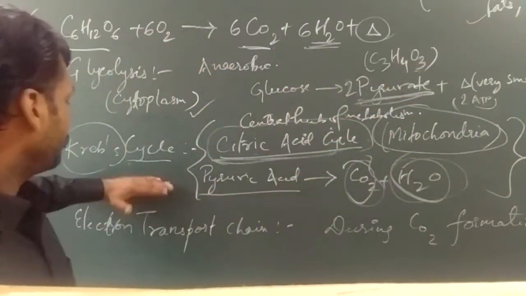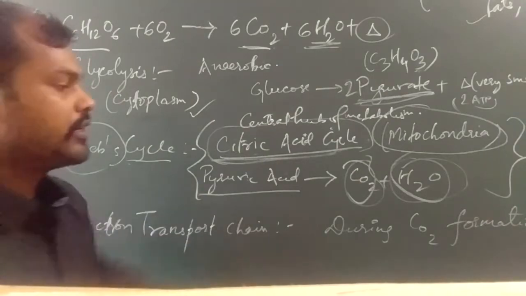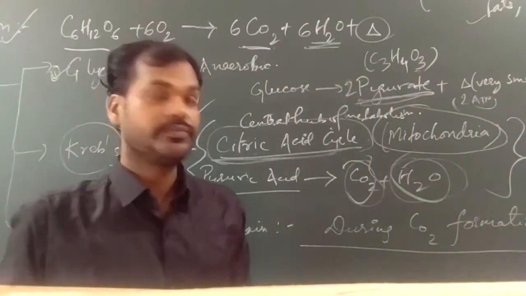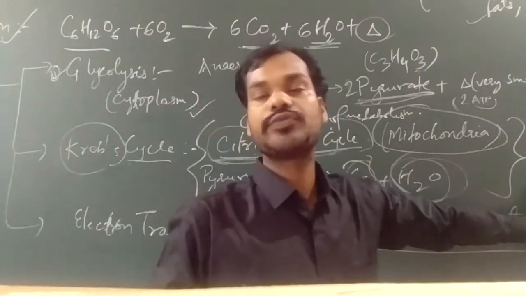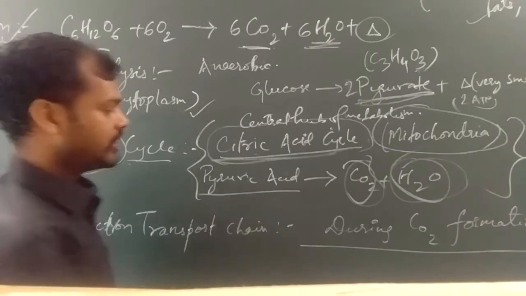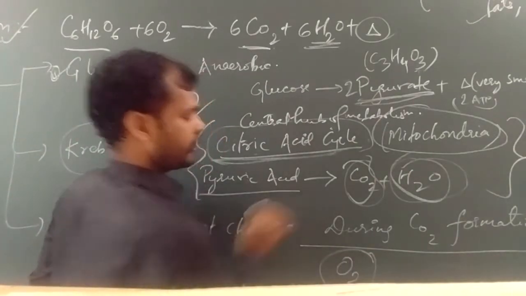Now the third one is the electron transport chain. What happens here? During carbon dioxide formation, electrons are removed, and these electrons are accepted by oxygen molecules.